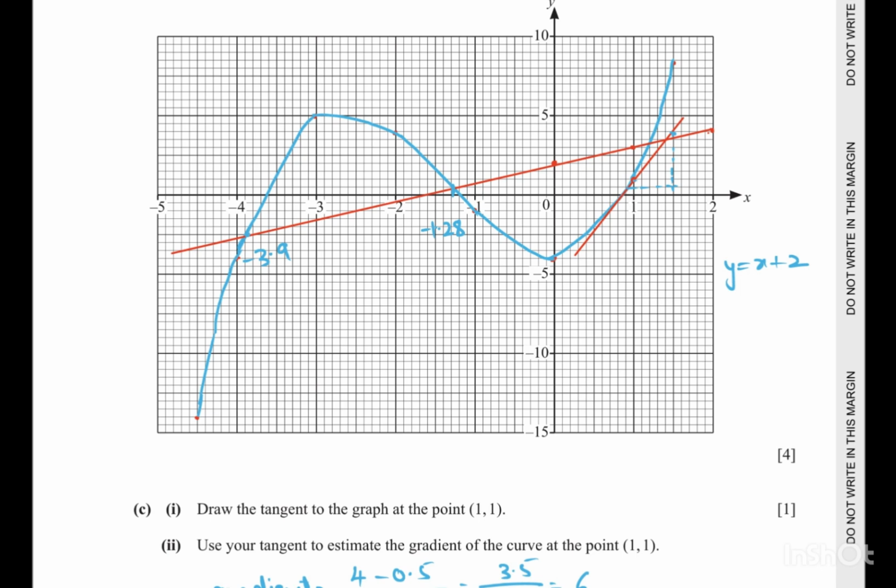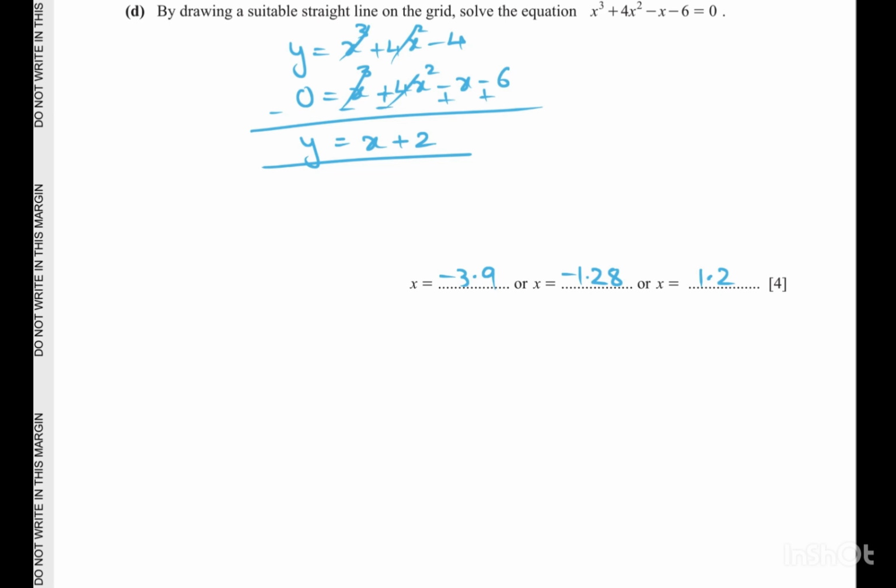Then the last one is cutting at 1.2. So these are the 3 points where this line is cutting the graph: minus 3.9, minus 1.28, and 1.2.